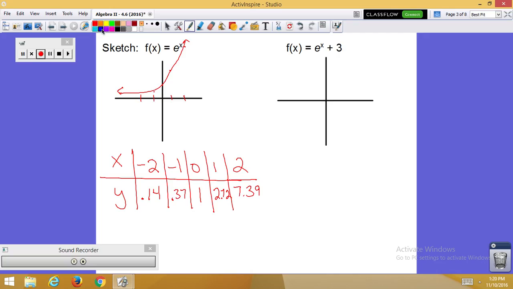This function can be translated just like all of the other functions that we've done. How would you expect this equation to be translated? I hope you said up 3 because there's a +3 at the end.